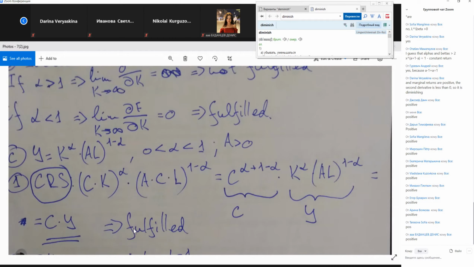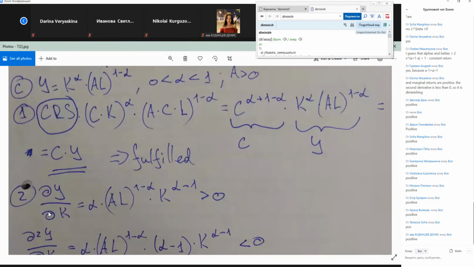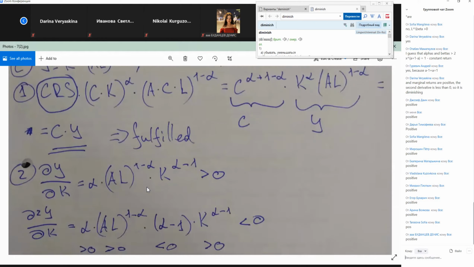We just take the derivative of this function and see that everything is positive. We know alpha is bigger than 0. A, L, K are positive, and regardless of which power we put them to, they always remain positive. That's good.